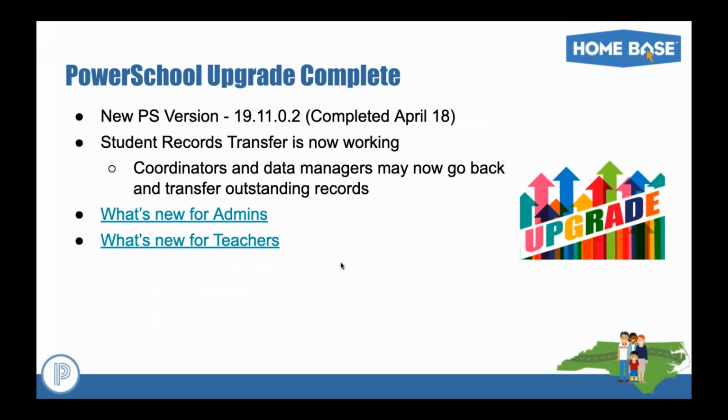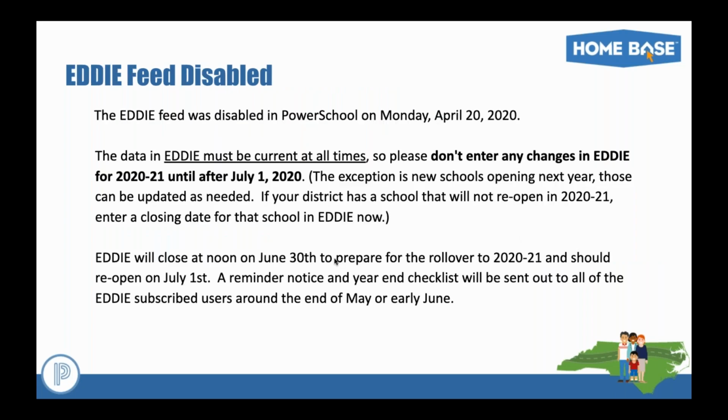The PowerSchool upgrade was completed this past weekend. Student records transfer is now working. Yay! And there are some links here to what's new for admins and teachers if you want to share. The EDI feed was disabled. That's normal this time of year. Towards the end of the year, we disable that EDI feed so that you can make changes if you need to add grade levels and things for next year.